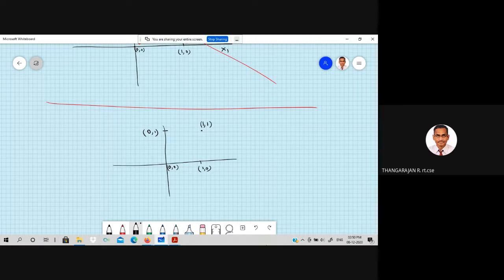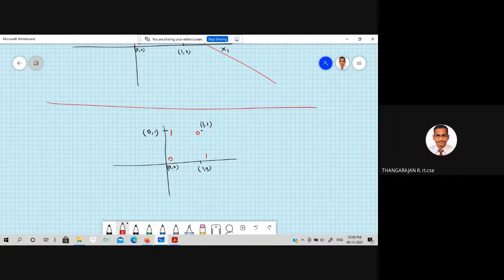Now the XOR problem is slightly different. When both inputs are 0, the output is 0. When both inputs are 1, the output is also 0. Sorry, the output is 0 when both are equal. When both are not equal, then the output is 1.